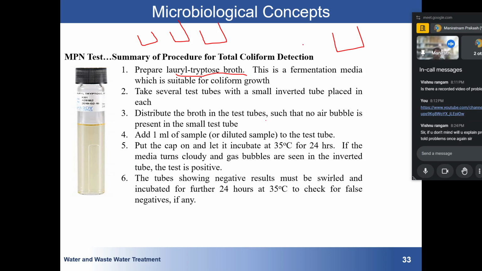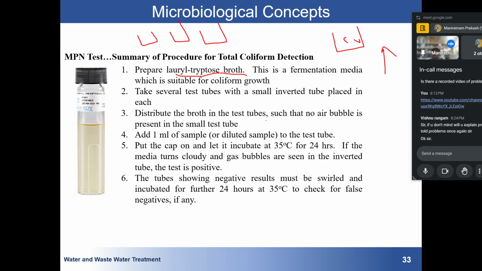Sometimes, in short, there is some organism present. If I provide some food to it, it will consume or ferment that food, and a gas will be released. We will collect that gas.